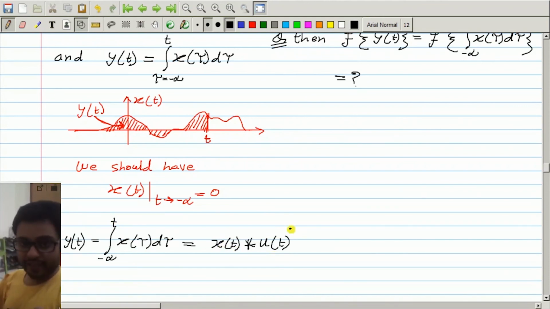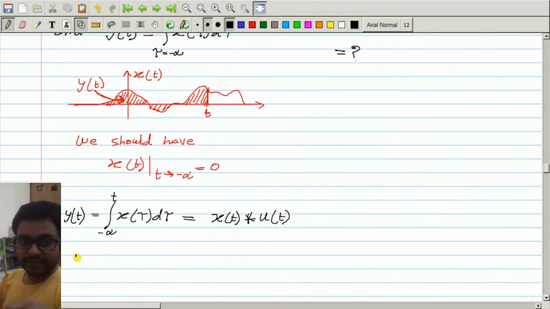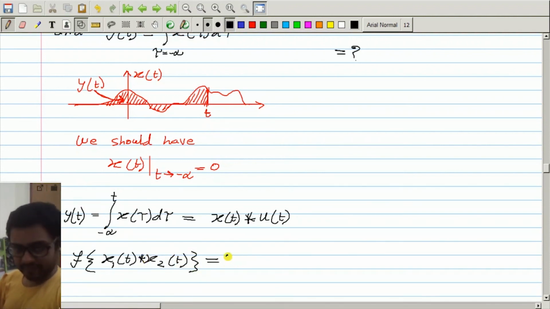And today we have learned that the Fourier transform of the convolution of two signals x1 and x2 is given as the Fourier transform of x1 multiplied with the Fourier transform of x2.